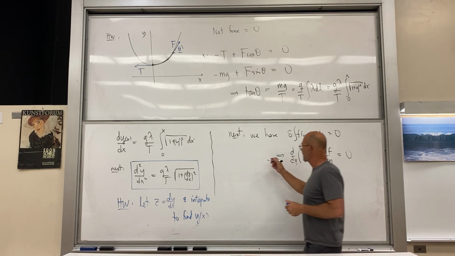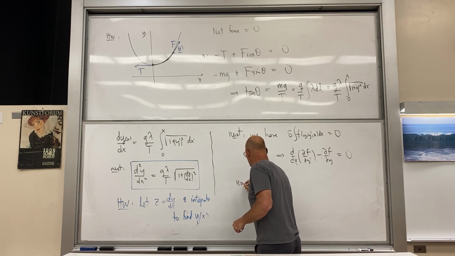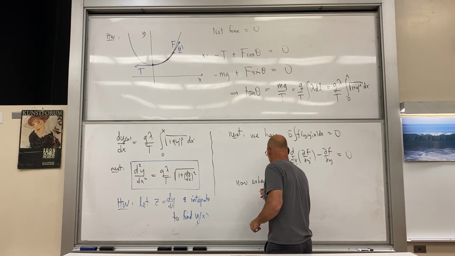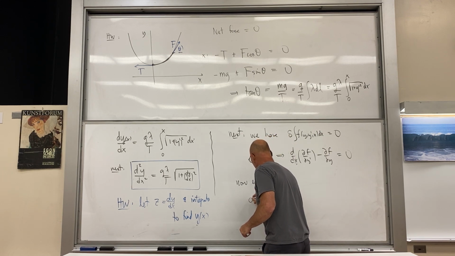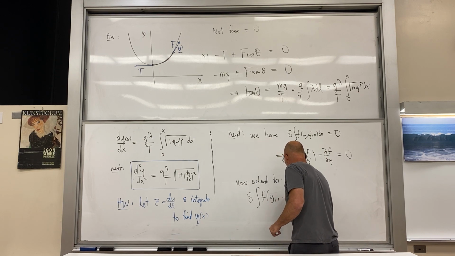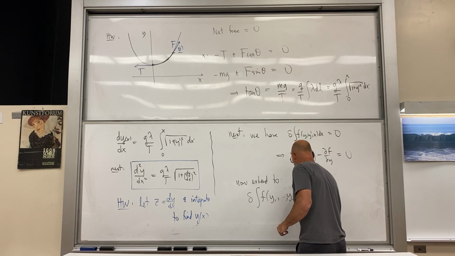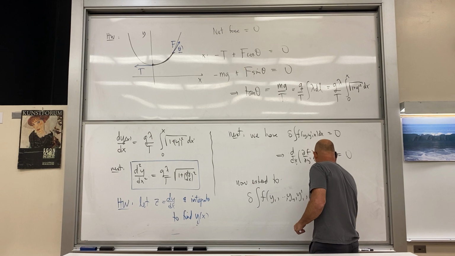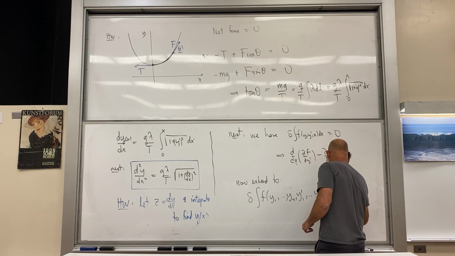So now extend to the variation of the integral of f of y sub 1 to y sub n, y sub 1 prime to y sub n prime, and x, dx.